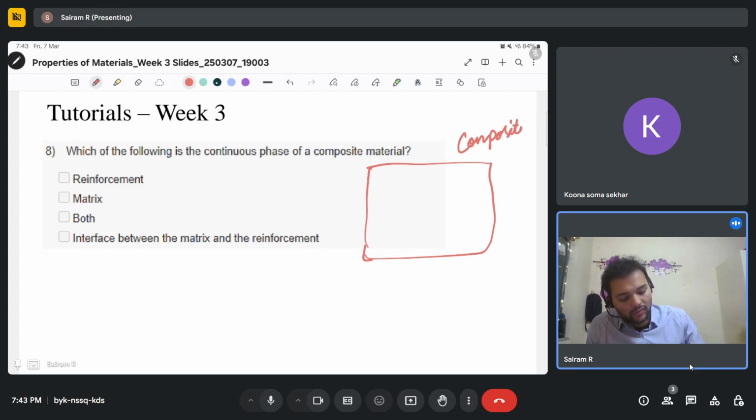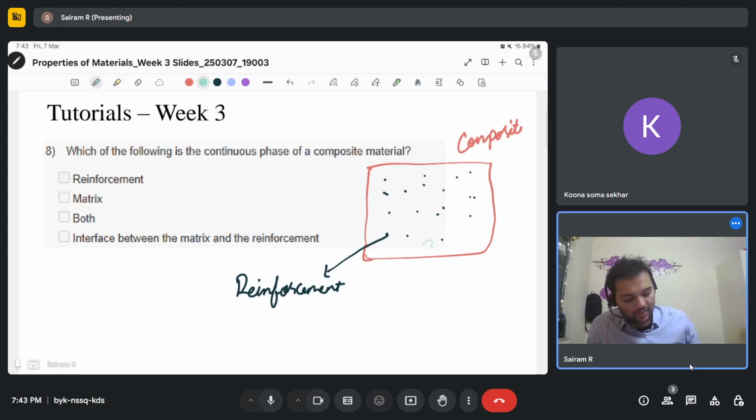We know that the small phases that are suspended in the continuous phase are called the reinforcement, and the continuous phase is called the matrix. So the continuous phase of a composite material is called the matrix.